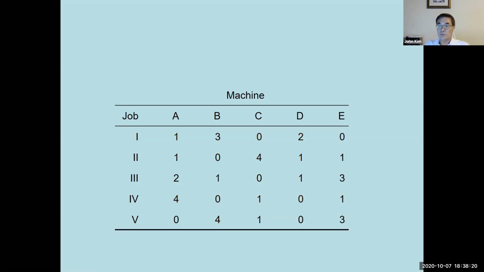And then try again using lines to cover all 0. The same rule. If there are 2 or more 0, cover that column or row first. So cover this one, cover this one, cover this one, and then the remaining here and here.